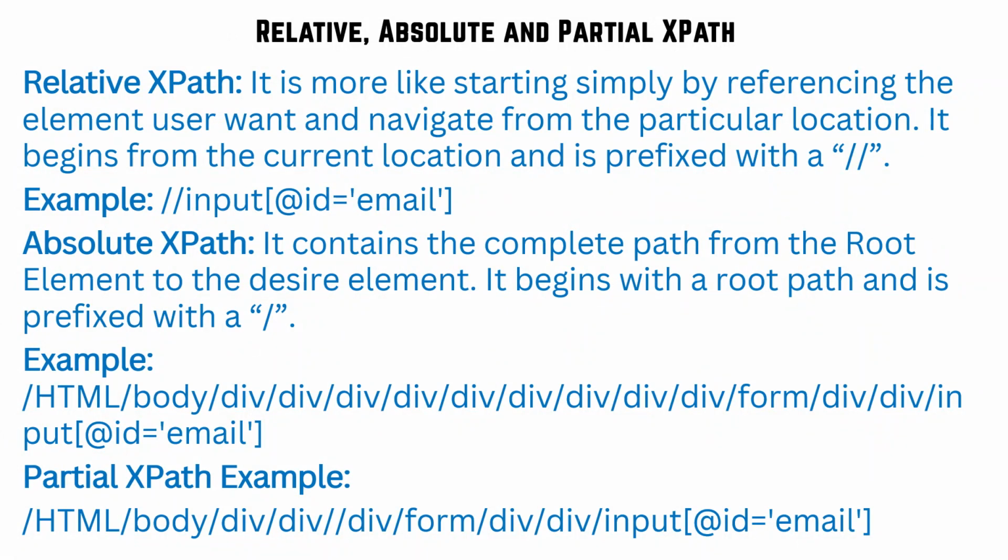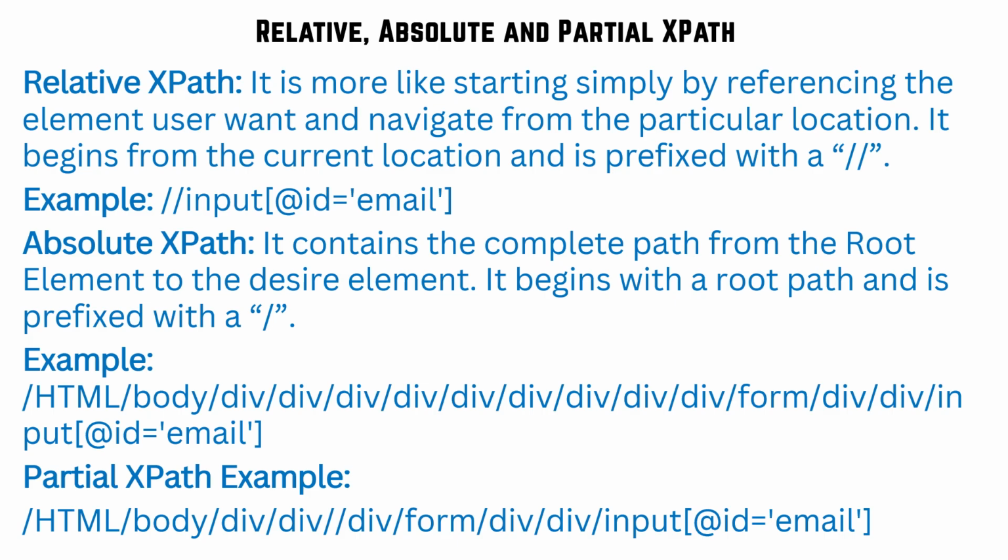Maybe I planned to have dinner with my family and went outside. So he came to my society, but he is not able to meet me. That is the problem with absolute XPath or partial XPath: sometimes something might change in the intermediate path, so it will fail.